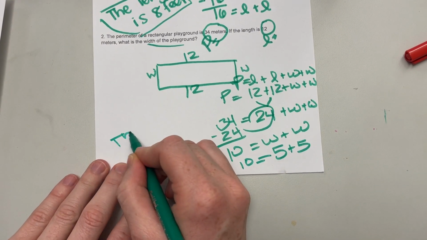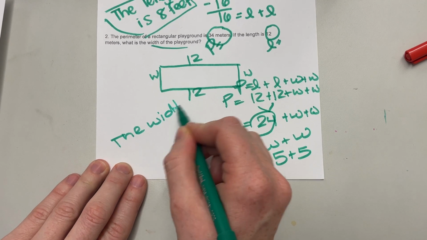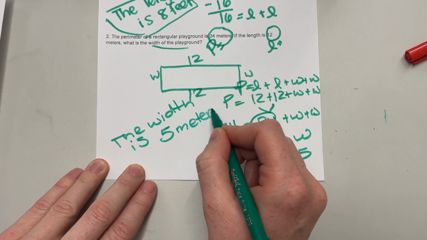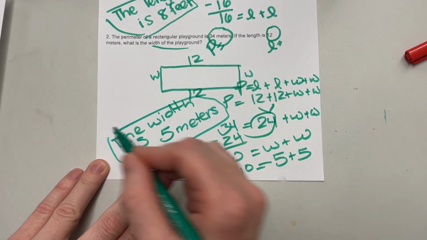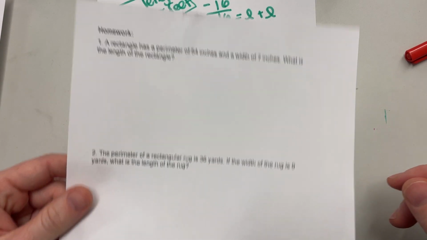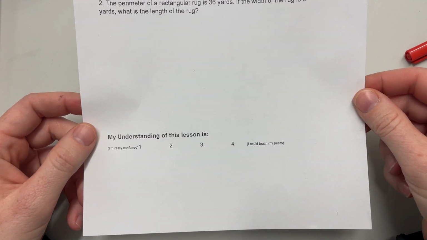So the width is 5 meters. We need to include our units. Okay, you have 2 homework problems, and then rate your understanding.